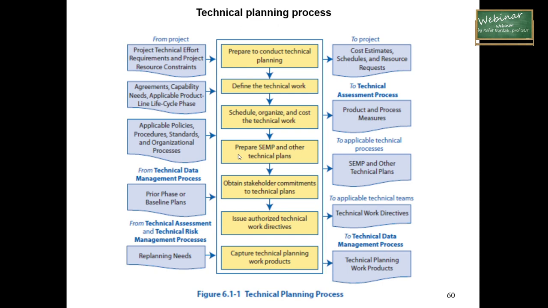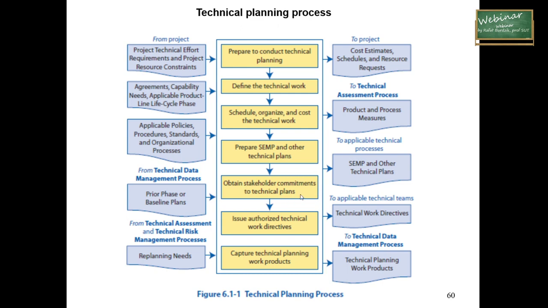We should use the policies, procedures, standards, organization processes, everything which is important for the management process and management plan. And the next operation is to obtain stakeholders' commitments to technical plans.